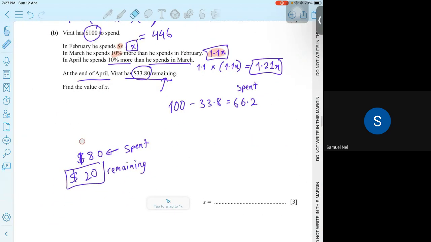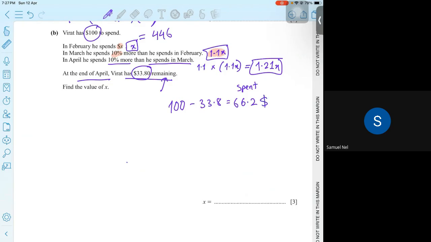So this basically means in February, March, and April, he spent a total of 66.2. So let's write them down. In February, he spent X. In March, he spent 1.1x. In April, he spent 1.21x.